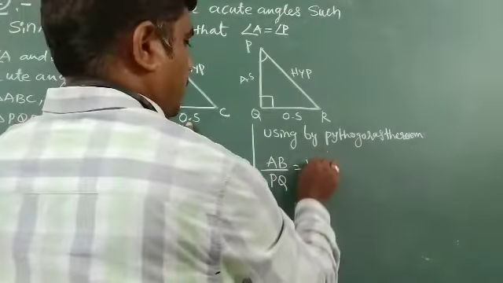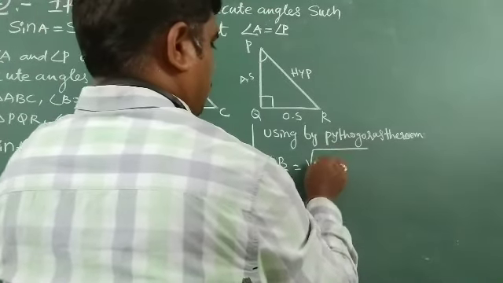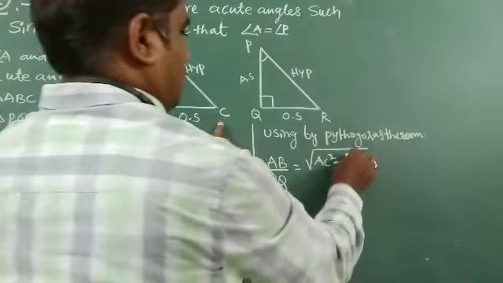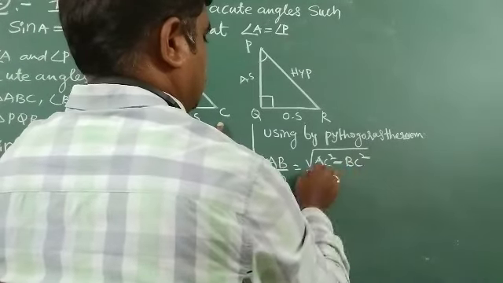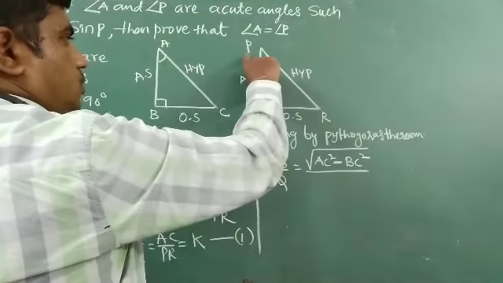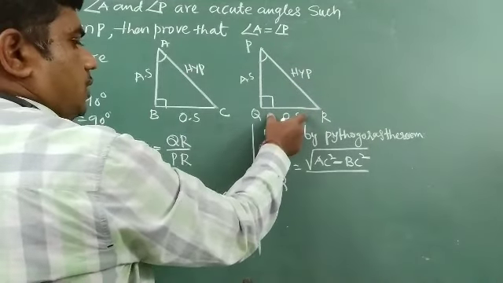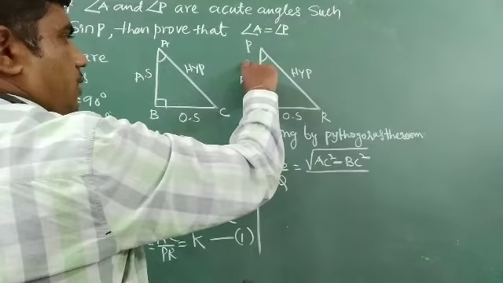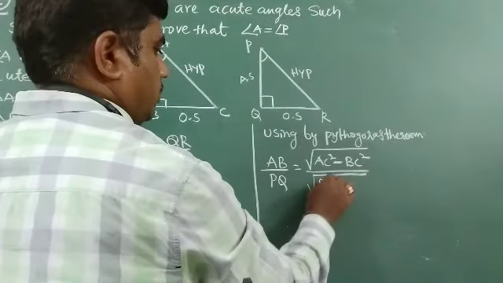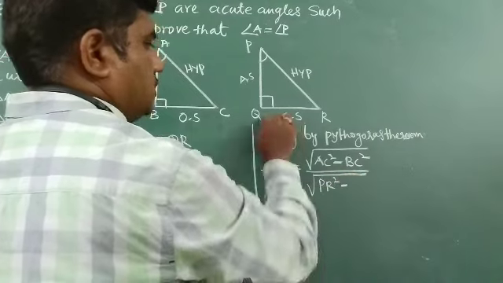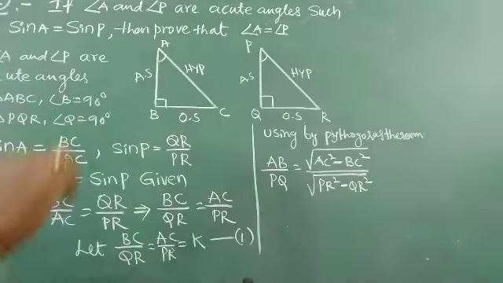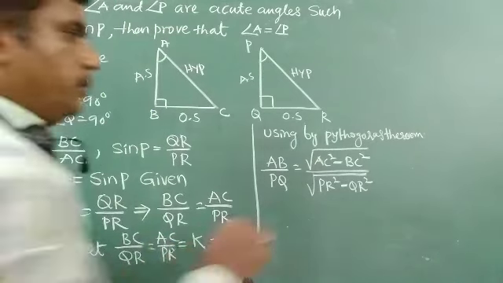Similarly, PR square equals PQ square plus QR square. Therefore PQ equals under root of PR square minus QR square, by using the Pythagoras theorem.